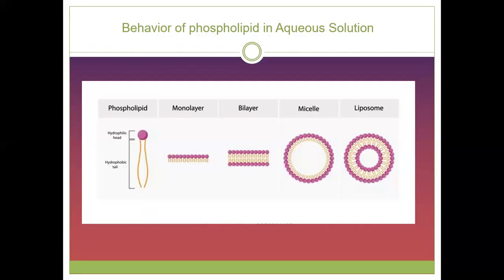What will happen? They will come back together and heal themselves, because they automatically form, because they don't want to interact with water. So if you touch them or you remove some of them, the remaining ones will come back and heal themselves. That is what we call the self-healing.